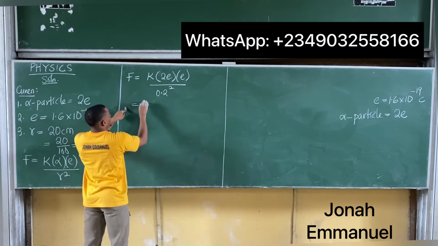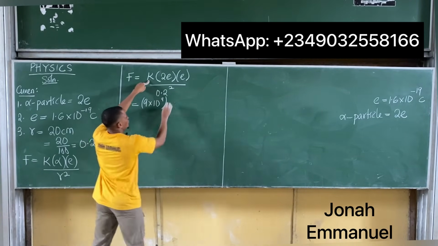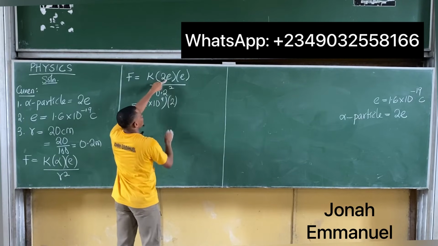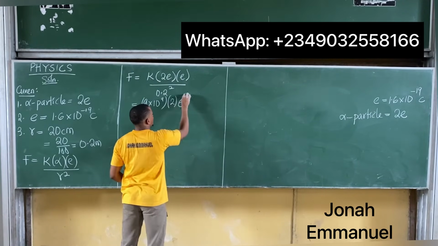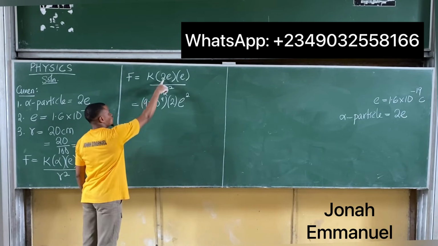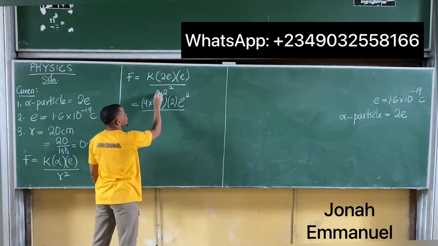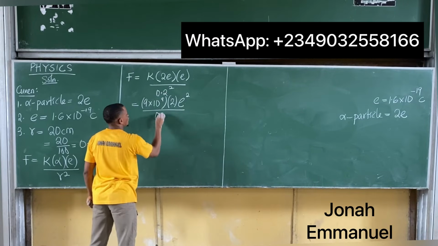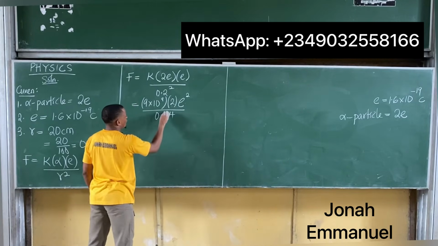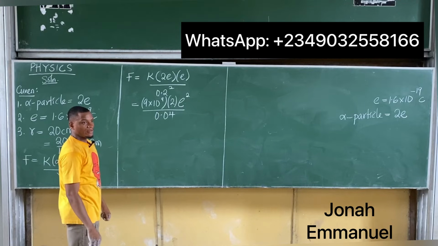This value here is 9 times 10 to the power 9, that's K, into 2, e times e gives you what there? e squared. Please observe. K is this, 2 is this, e times e is e squared all over 0.2 squared, which gives you 0.04. Check, it should be 0.04.